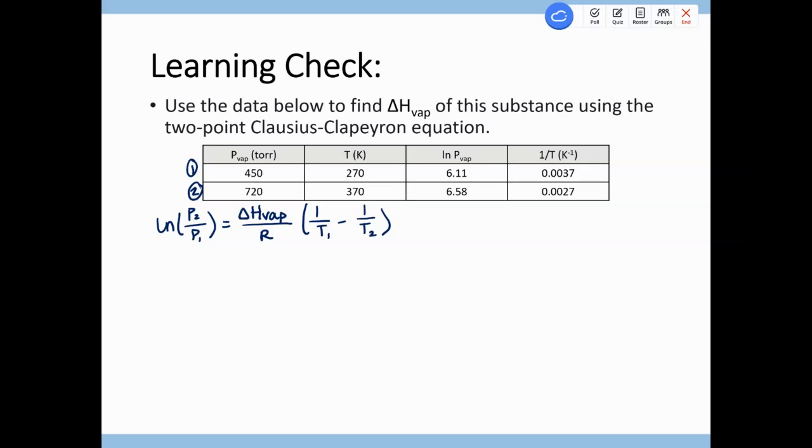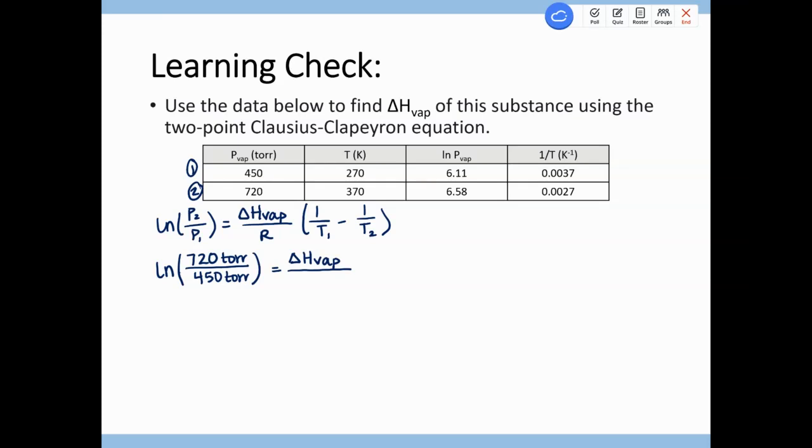Well, we can start plugging in values. We have P1 and P2. We have T1 and T2. So we can do natural log of P2, so 720 torr, divided by P1, 450 torr. We're calculating delta H of vaporization, so we don't know that value. We'll keep that variable in.